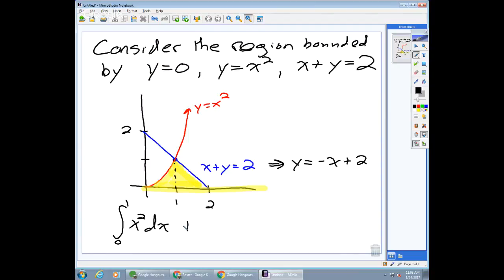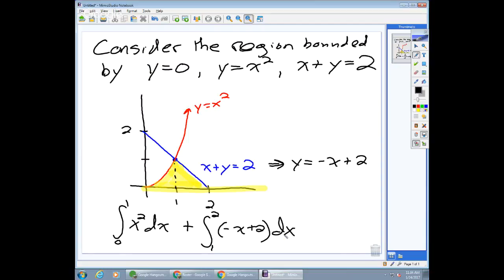And then we continue on with the integral from 1 to 2 with negative x plus 2 representing the height of our rectangles. Sometimes we have to break up areas based on intersection points if the boundaries shift. Which function gets to be on top or the bottom kind of depends on the orientation of the figure.